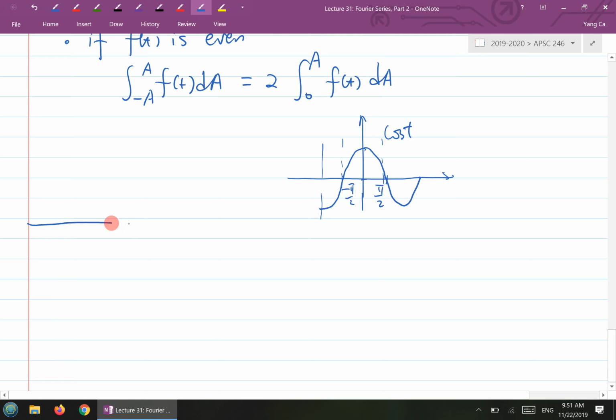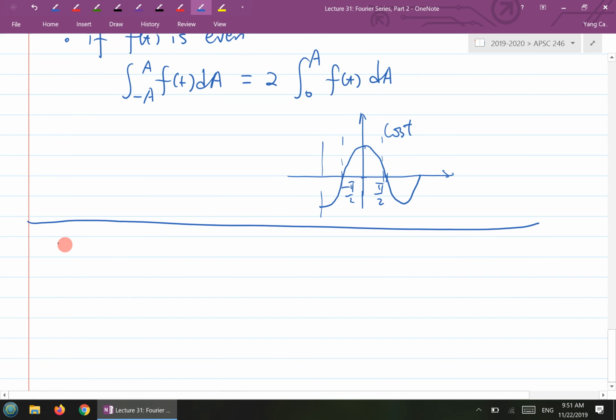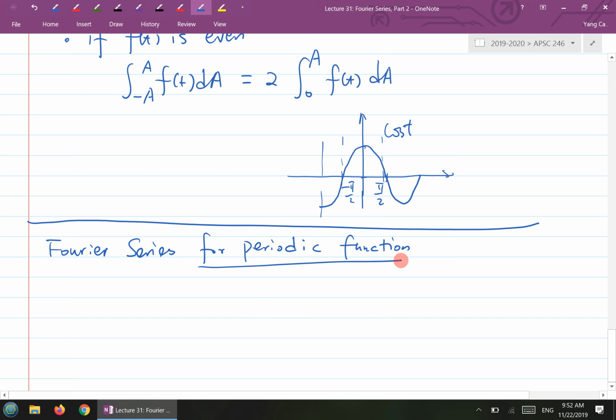Okay, now let's go into Fourier series. Always remember, Fourier series are an approximation for periodic functions.